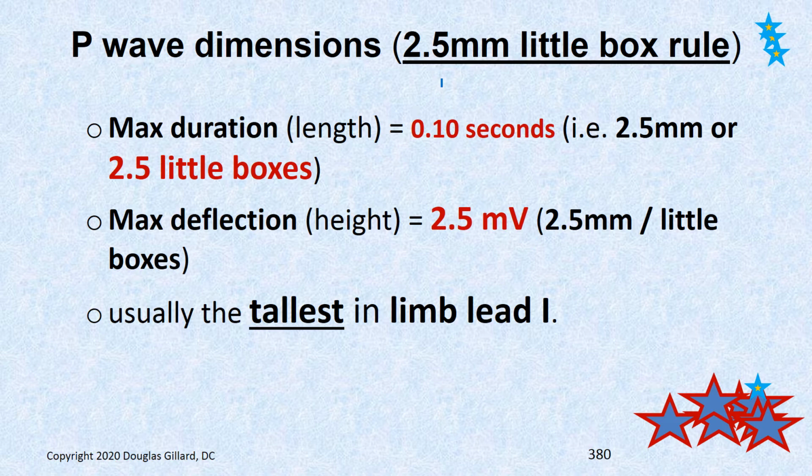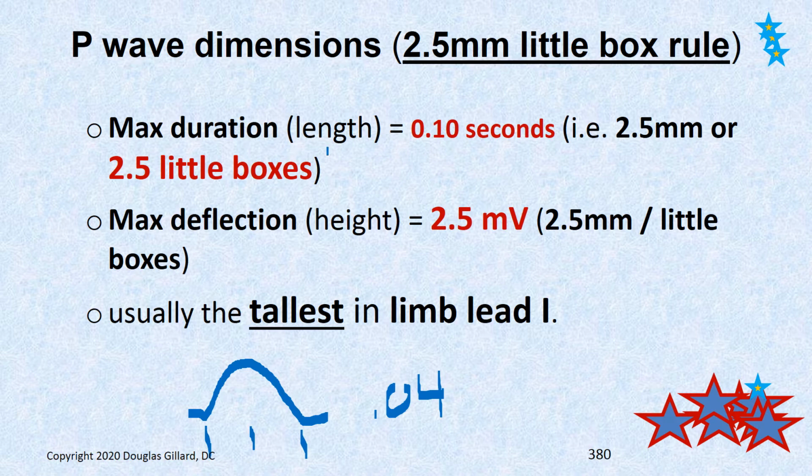So what are the dimensions of the P wave? Well, we have a nice 2.5 little box rule that works quite nicely. So the P wave should never be longer than 2.5 millimeters, or little boxes, right? There's a P wave that is only 2 boxes. Remember, each box is 0.04 seconds, so that would be 0.08 seconds.